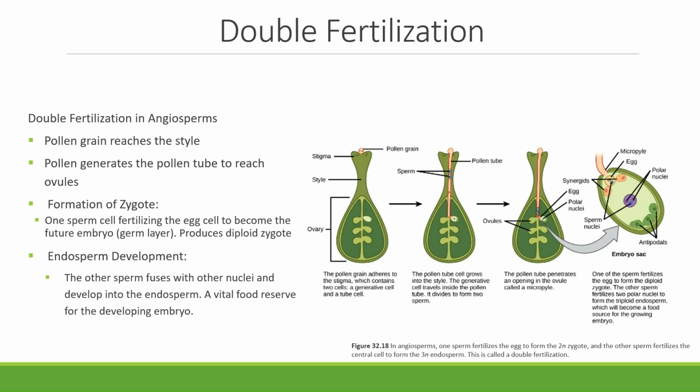So this second sperm nucleus fuses with the two polar nuclei, not the egg cell, and it creates a sort of strange triploid cell because there's two polar nuclei from the female gametophyte and then one nucleus from the sperm, so that's three, a triploid cell. And this triploid cell divides to form the endosperm.